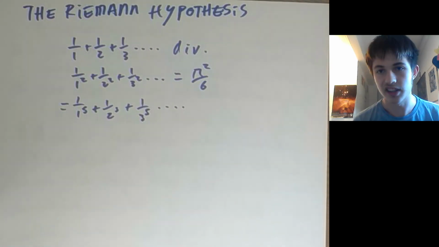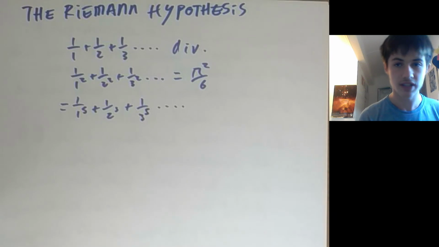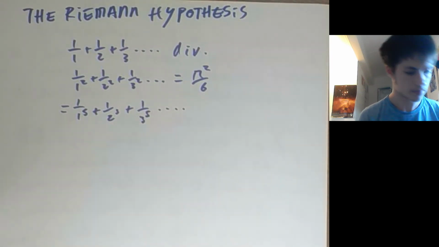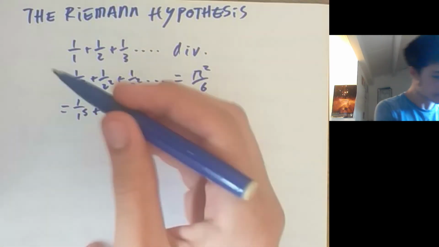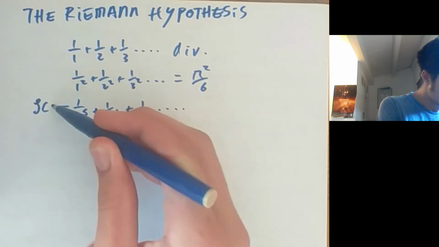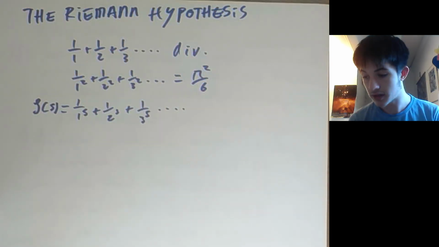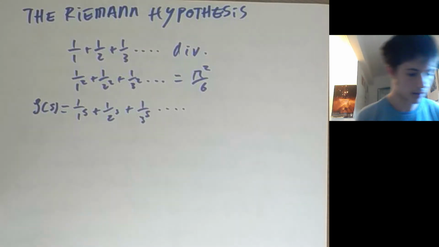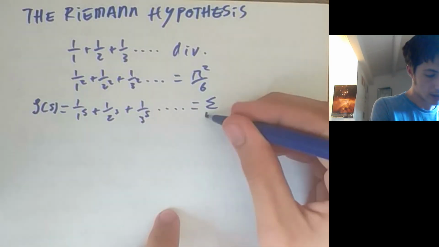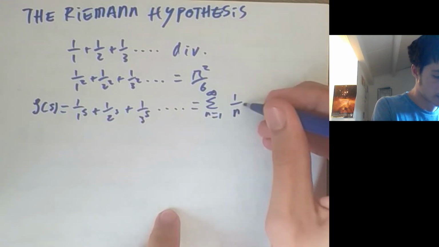But it turns out we can define this thing for all complex numbers s, except for when s equals 1, but we'll talk about that later. So this series is denoted by zeta of s. This is the Riemann zeta function. And we can write it also as the sum from n equals 1 to infinity of 1 over n to the power of s.